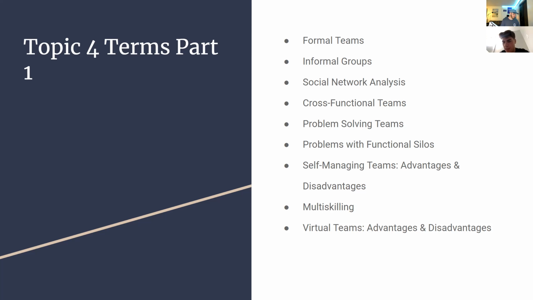All right, self-managing teams, advantages and disadvantages. Some advantages are innovation: team members have the freedom to review and improve their practices when trying to innovate new products. Effective decision-making: self-managed teams can develop quicker and more effective decision-making skills.